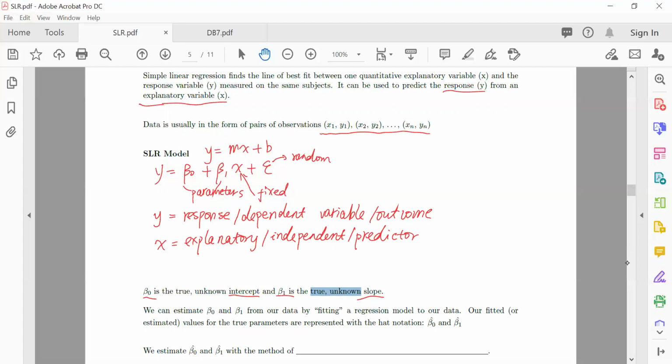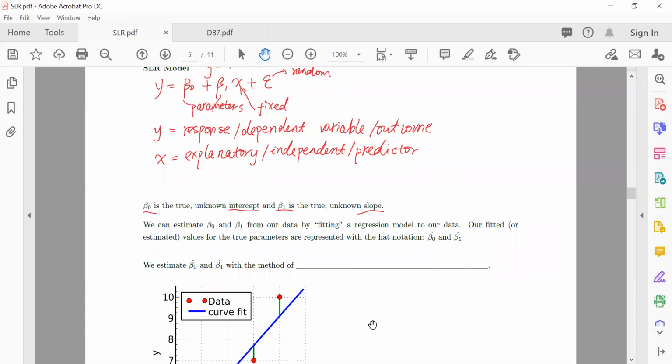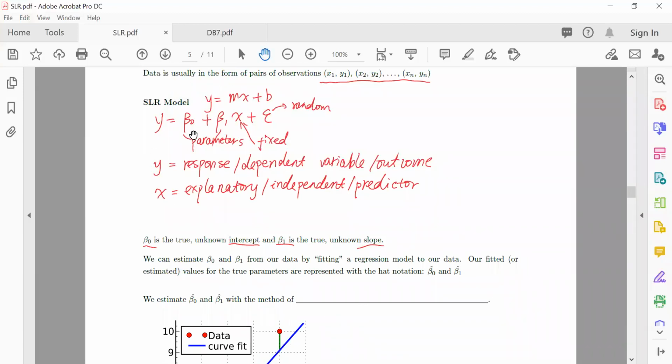Now we know this y equals beta 0 plus beta 1x plus epsilon is going to be the true model that we are trying to look for, then how could we find the best fitted line here? So those beta 0 and beta 1 are the true parameters.